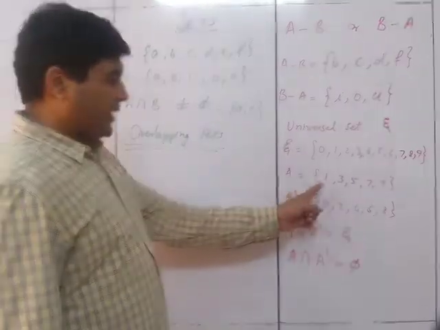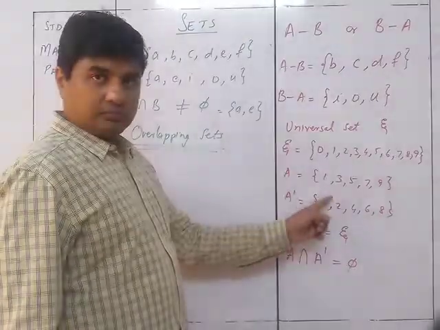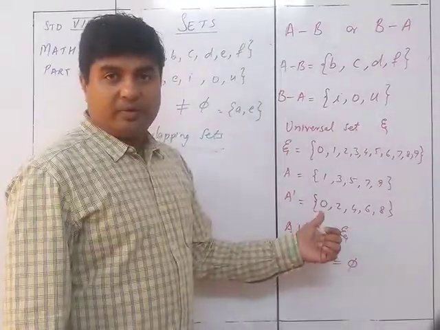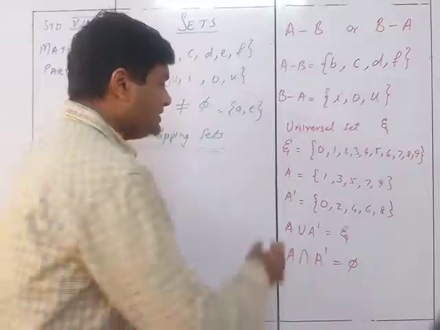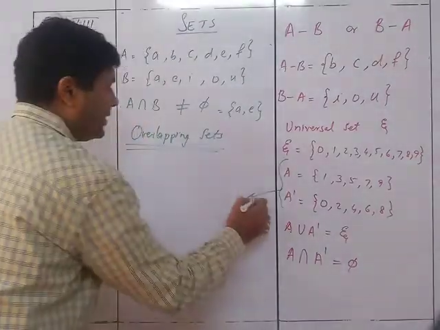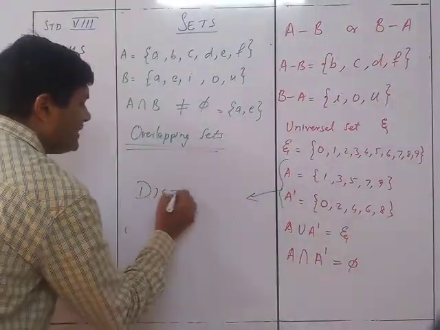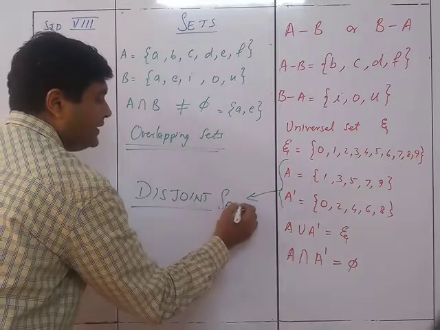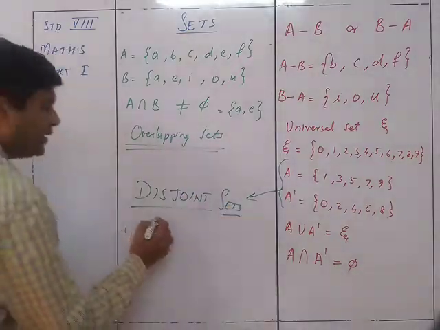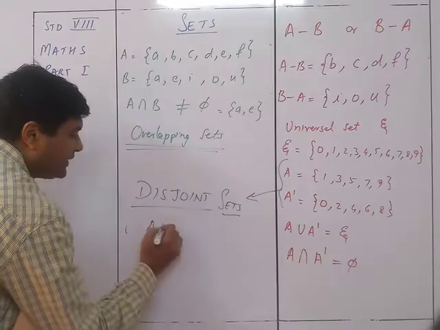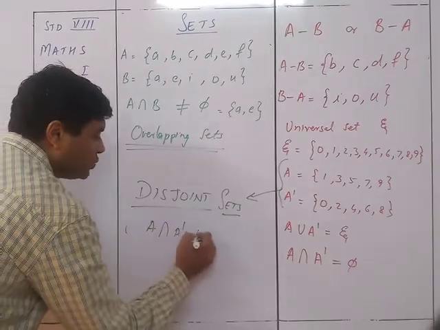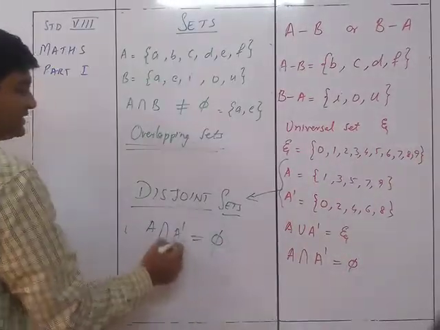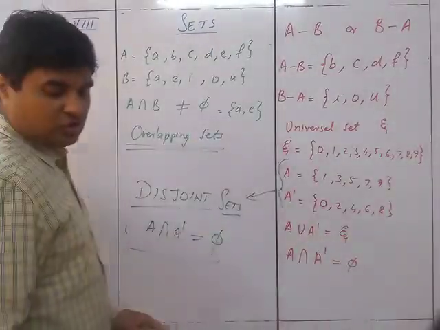Whereas if it is this way, A and A dash, is there anything common between the two? Nothing common between the two. So what are these called? Such kind of sets are called disjoint sets. The one in which A intersection A dash is equal to null, then such a set is called a disjoint set.